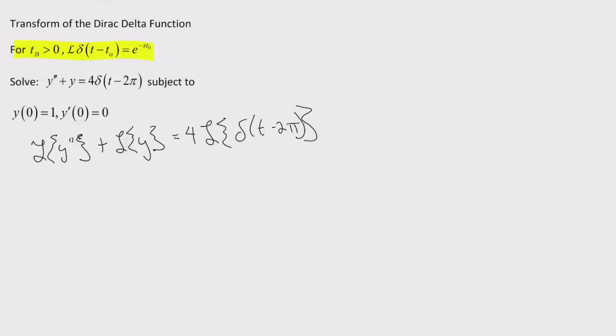So the Laplace of the second derivative is s squared y of s minus s times y of 0 minus y prime of 0, plus the Laplace of y, which is just y of s.